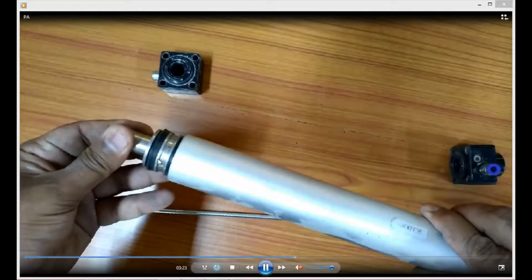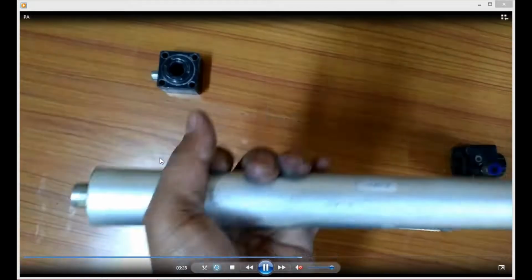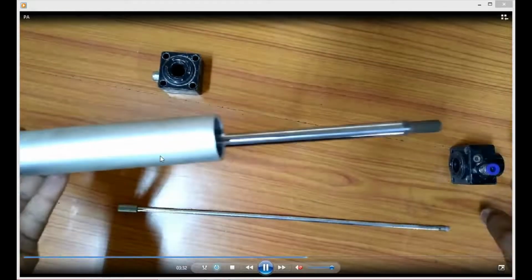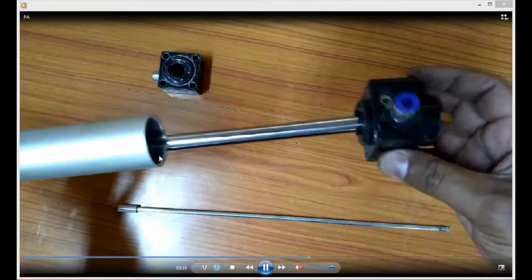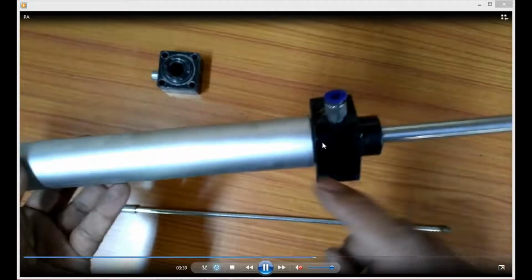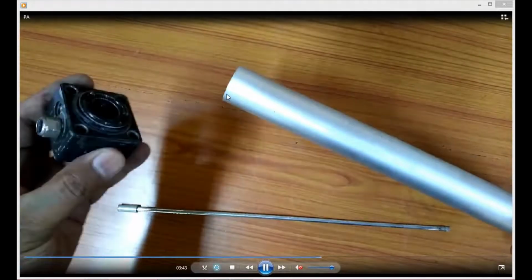Insert this piston cylinder, apply some force. Then insert the open end cap, provide the oil seal here, apply some force, then it will be fixed. At the end of this barrel some chamfer is present.